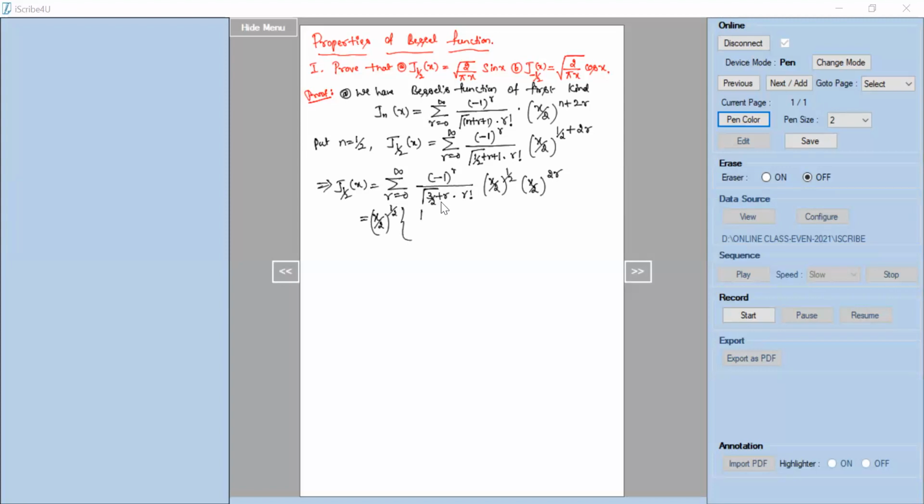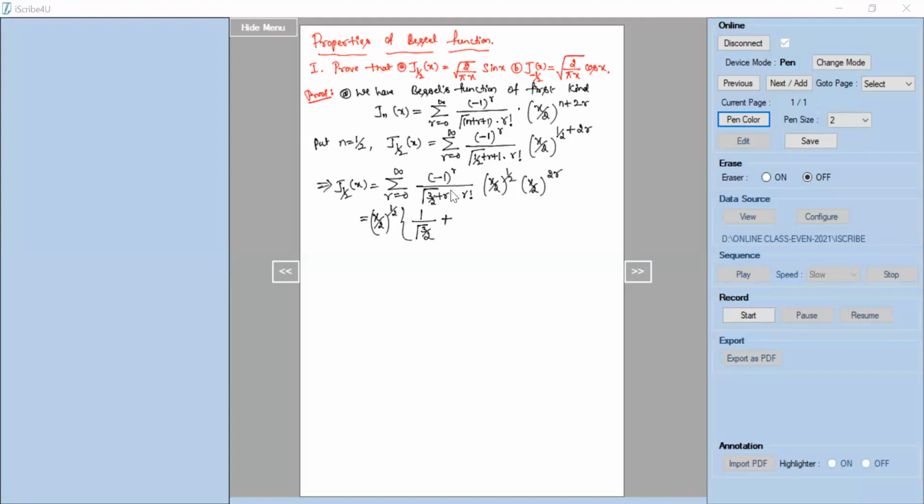So it is 1 by gamma 3 by 2 into 0 factorial, and you know 0 factorial is 1. And the term we have already taken outside. Here x by 2 power 2 into 0 becomes x by 2 power 0, and that is also 1. So when I put r is equal to 0 in this expression, we get only the first term, 1 by gamma 3 by 2.